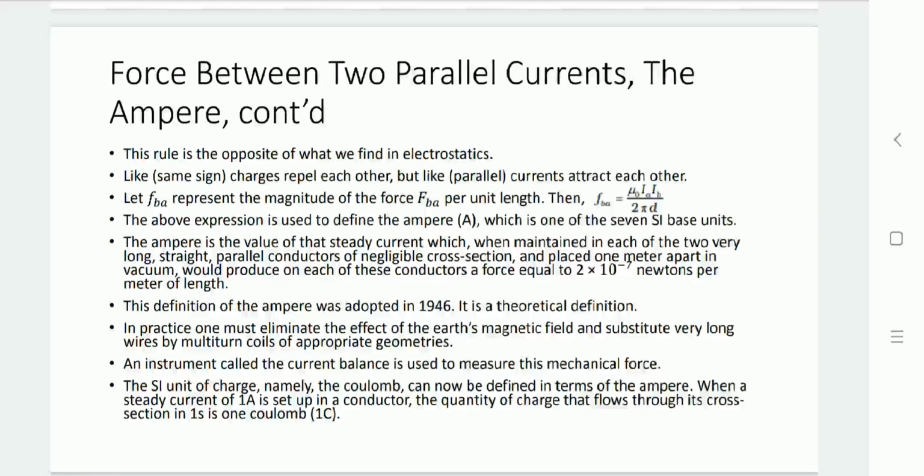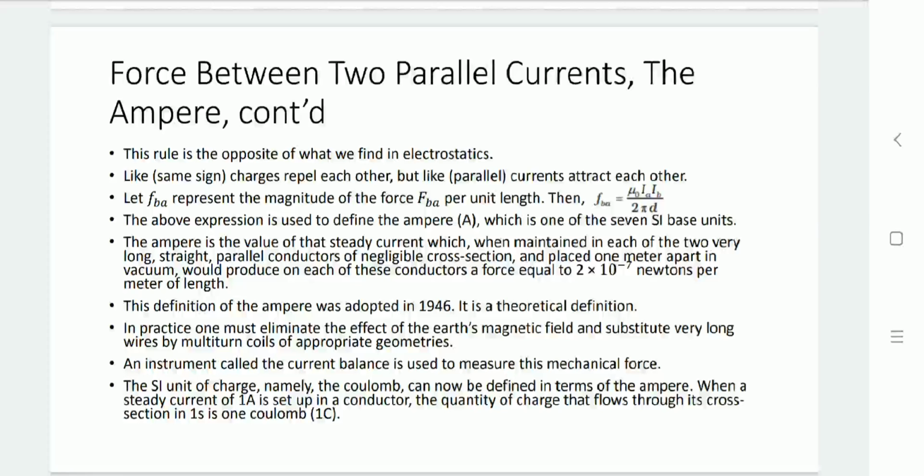In practice, one must eliminate the effect of the earth's magnetic field and substitute the very long wire by multi-turn coils of appropriate geometries. The instrument called the current balance is used to measure this mechanical force.